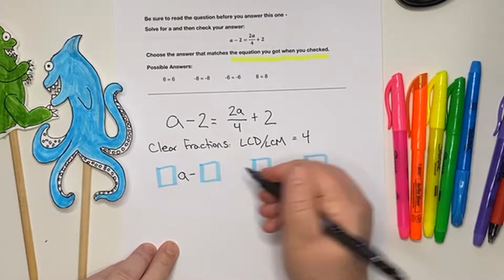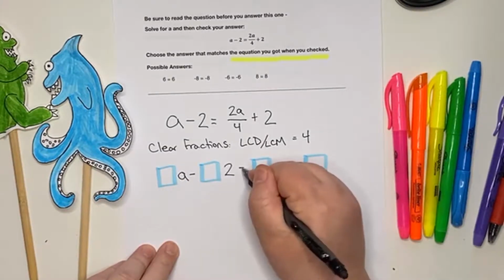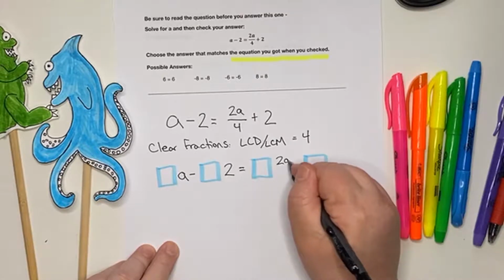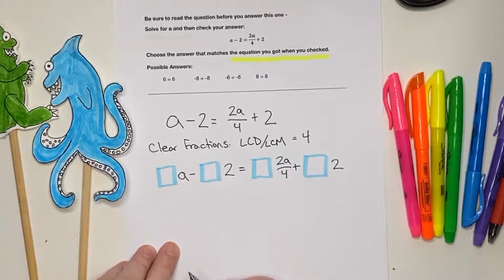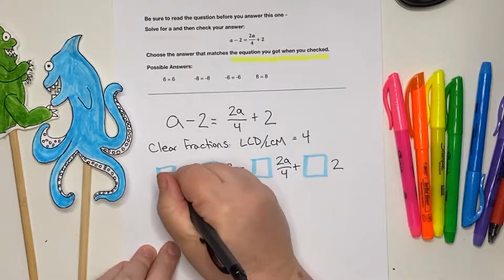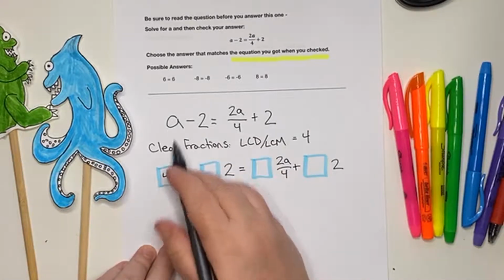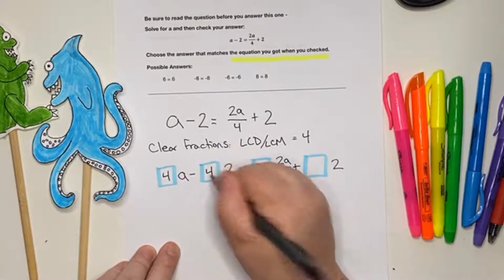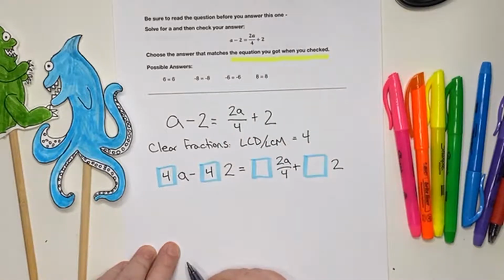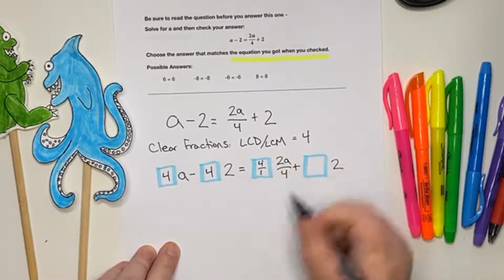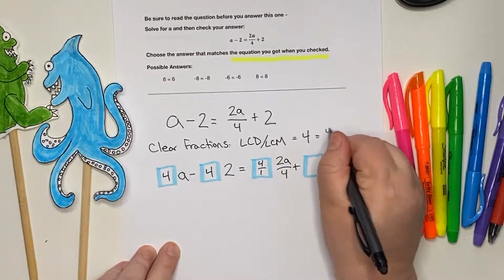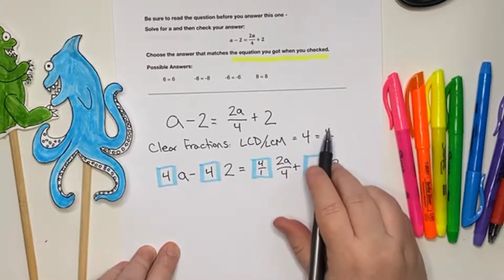A minus 2 equals 2A over 4 plus 2. And in the box, I'm going to put 4's. 4 times A, 4 times the first one, 4 times the second one, right? On the other side, here I'm going to write this as 4 over 1. 4 is equal to 4 over 1.